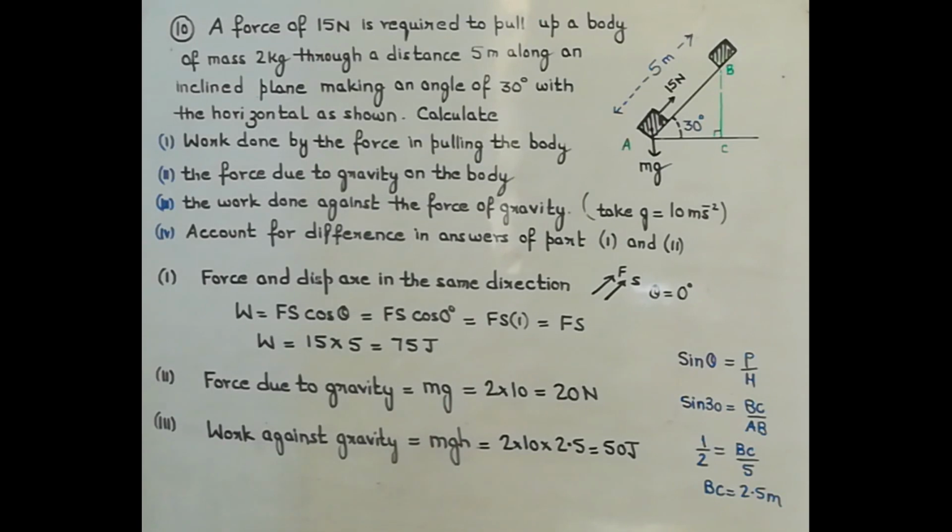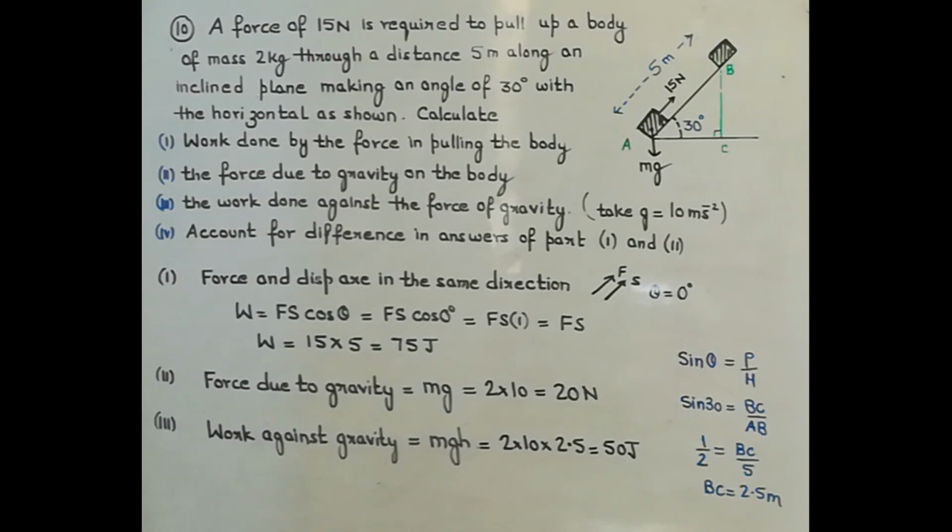So in the fourth part, they are asking why this difference is there. If we are moving the body along AB, as in the first part, we have to do 75 joule of work. But if instead of moving the body along path AB, if we raise the body directly from A to B, we have to do only 50 joule of work.